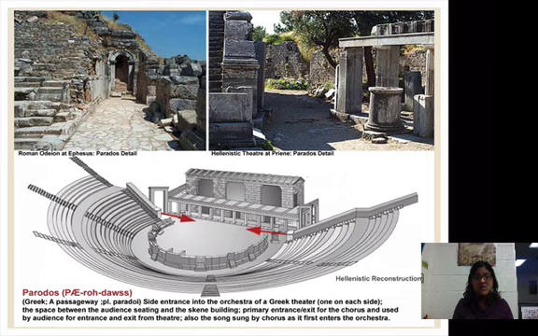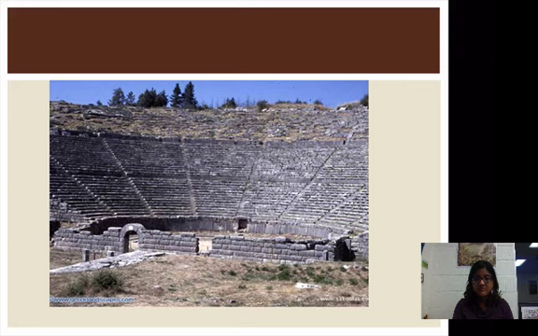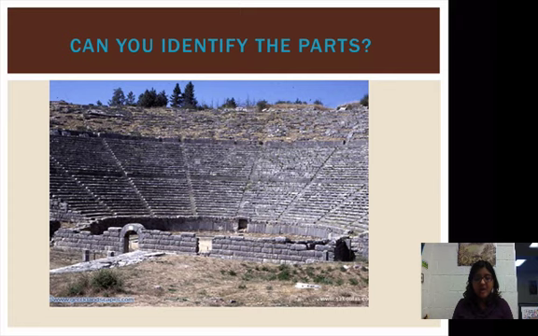And then I have two pictures for you here that show you where the parados are in the theater, and this is from pictures in Ephesus, which I actually had a chance to visit in Turkey in 2014. So see if you can identify the parts of the theater from a different angle based on what I just talked about.